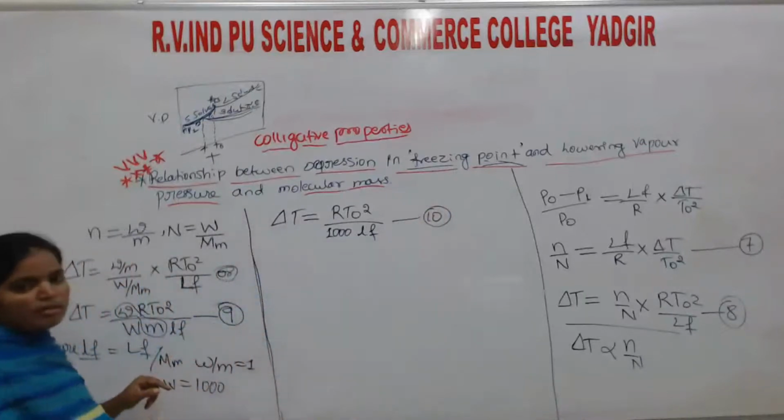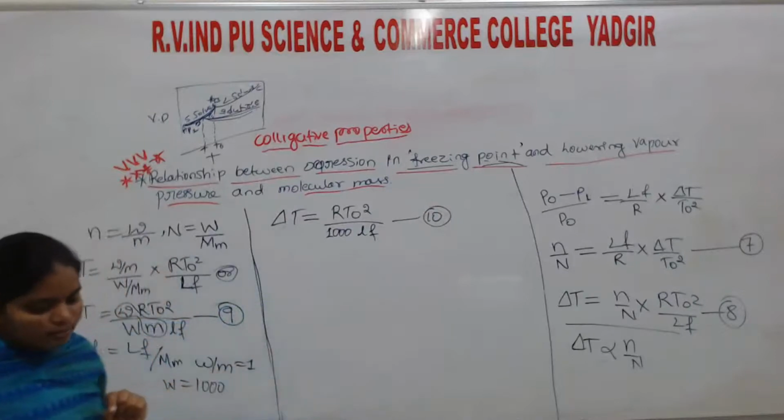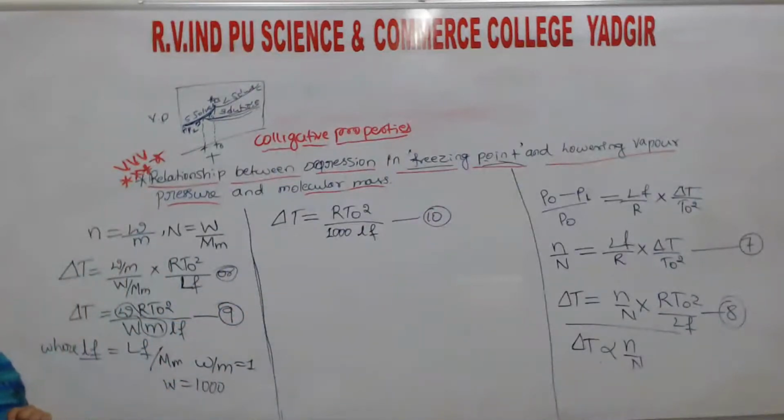This is equation number 9 and this is equation number 10. Here delta T is equal to R T naught square divided by 1000 into L_F.